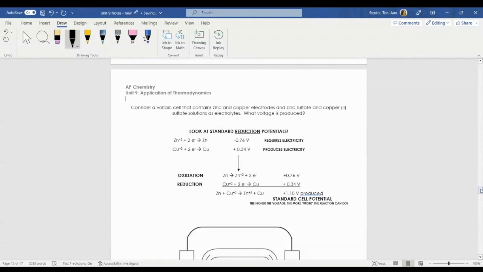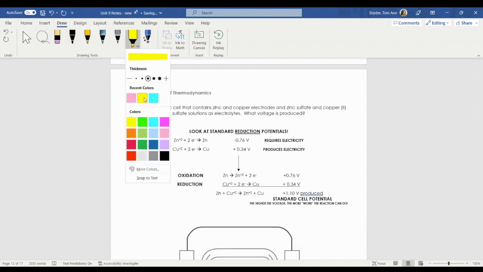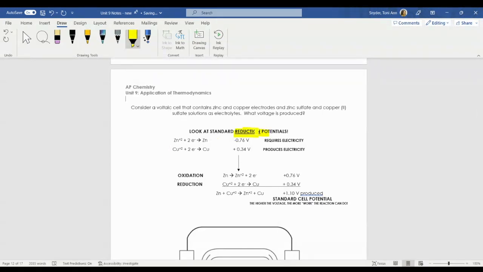As we progress through this unit, we're going to find that we are given standard reduction potentials. And that reduction part is important because you are always going to be given the amount of electricity that is either required or is produced when that particular ion gets reduced.